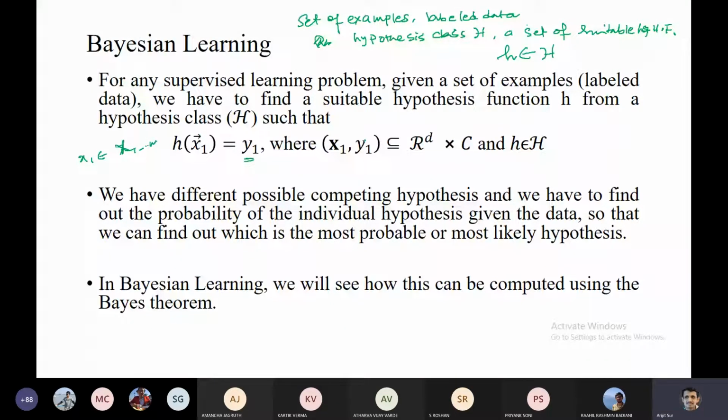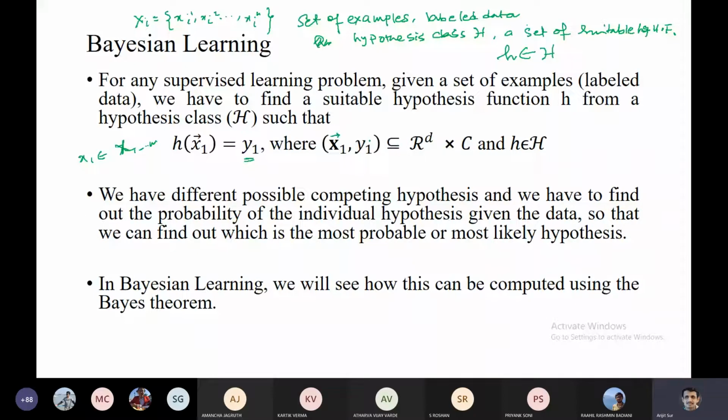X1 is a vector in a particular dimensional feature space. If it is an n dimensional feature space, your xi is basically xi1, xi2, up to xin. So this is the vector, that's why it is bold, and the corresponding label, the class label or class belongingness.